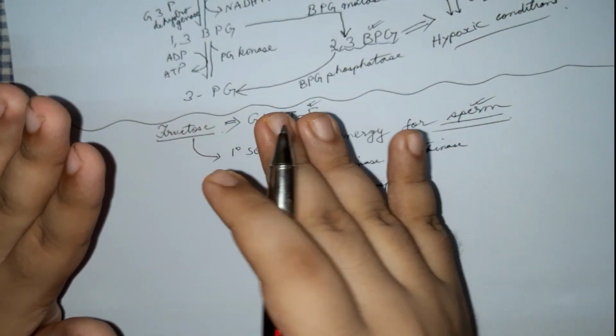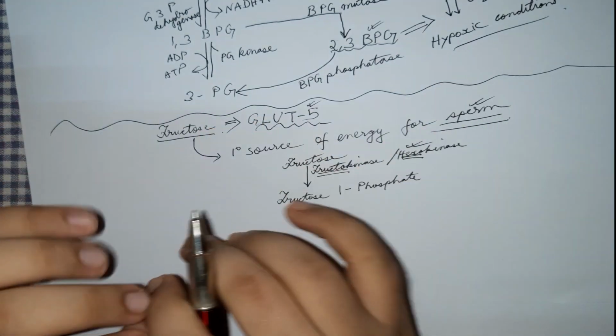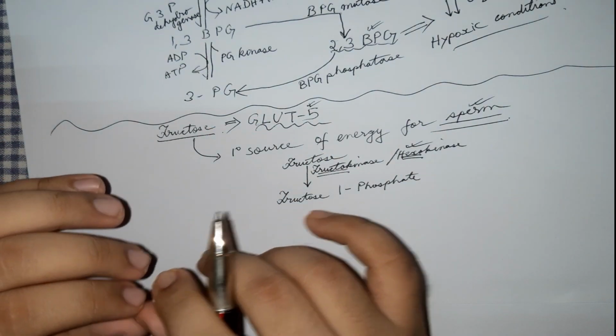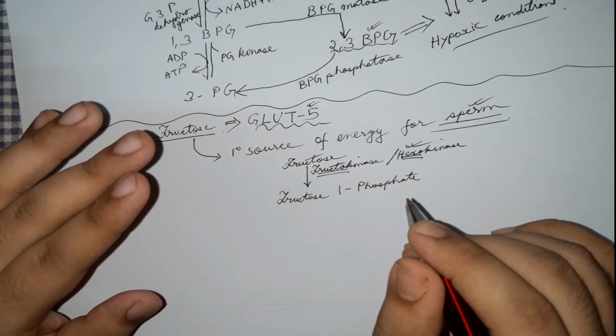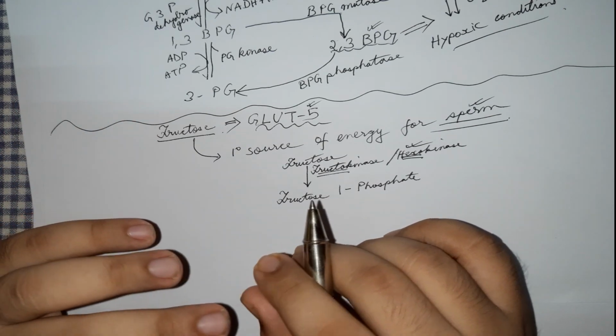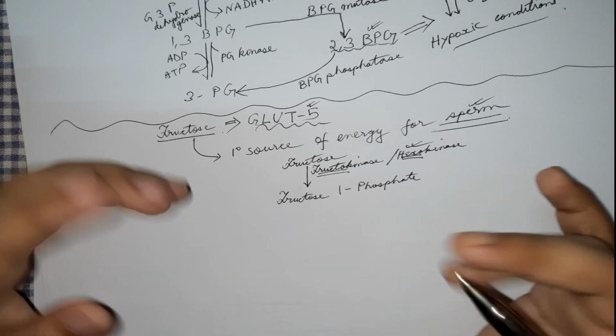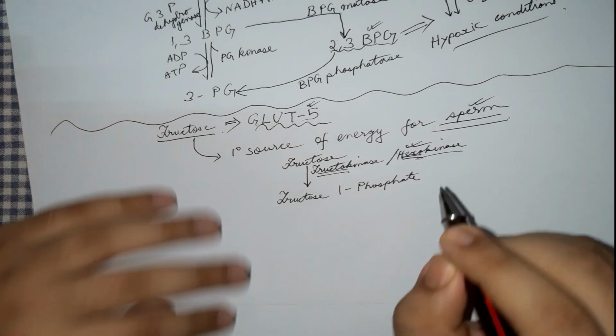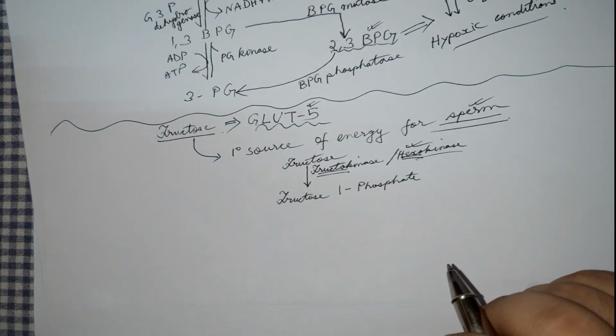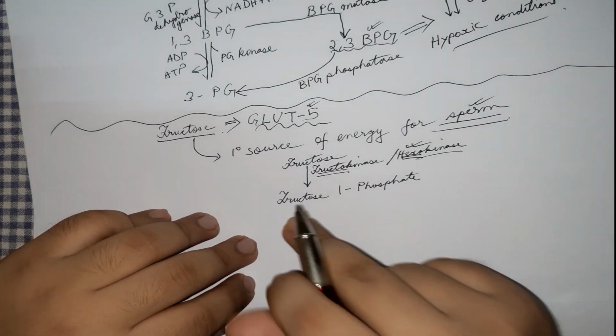Glucose is phosphorylated by glucokinase or hexokinase, fructose by fructokinase or hexokinase, and galactose by galactokinase or hexokinase again. So hexokinase is common for all three.